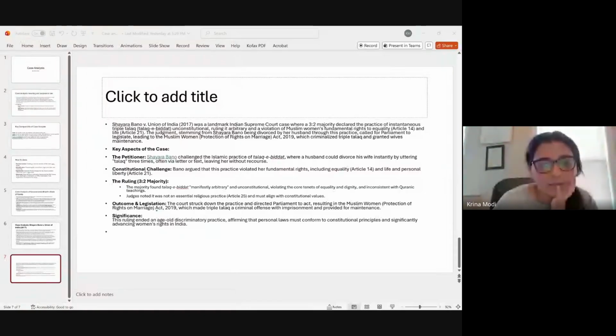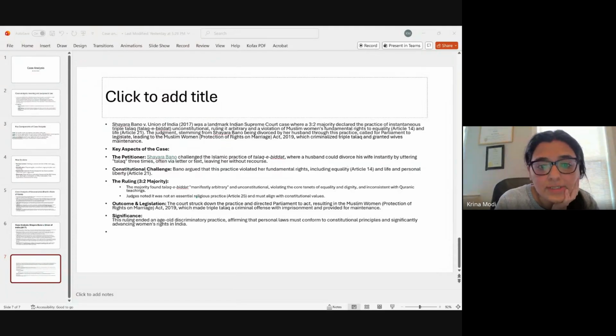This is my last slide explaining about the case that we just discussed. Shaira Bano versus Union of India. It's a recent 2017 case, a landmark in the Indian Supreme Court where a 3-2 majority declared the practice of triple talaq unconstitutional, ruling it arbitrary and a violation of Muslim women's fundamental rights to equality, Article 14, and right to life, Article 21.